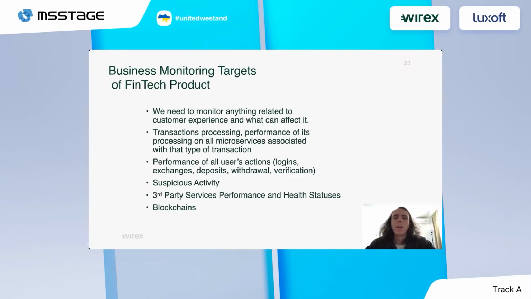Transaction processing, the performance of its processing on all microservices associated with that type of transaction. Also, the performance of all user actions. It means exchanges, deposits, withdrawals, verification of email, verification of device, and so on.